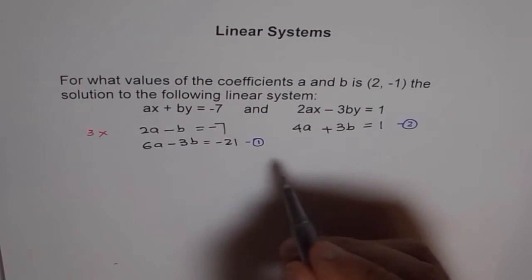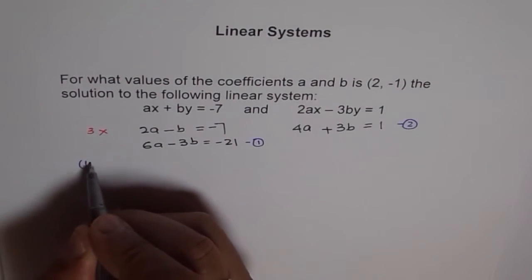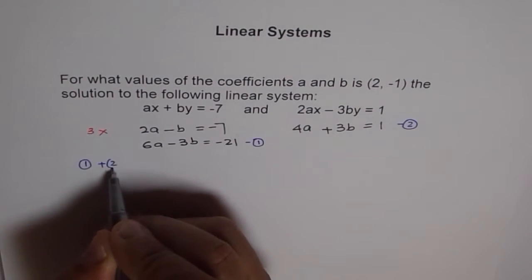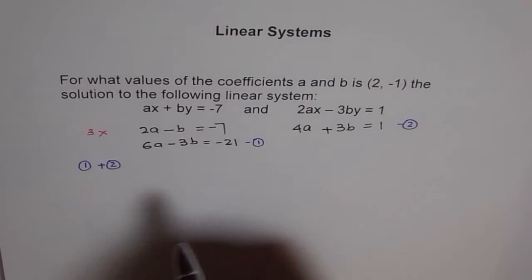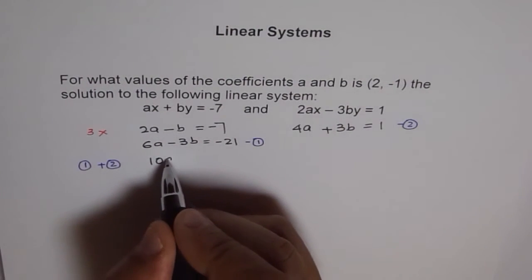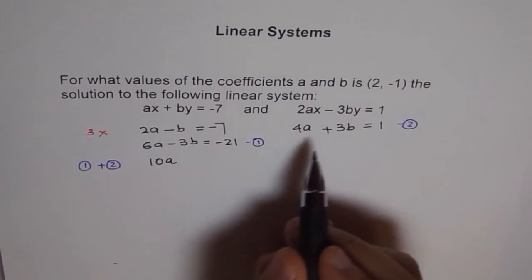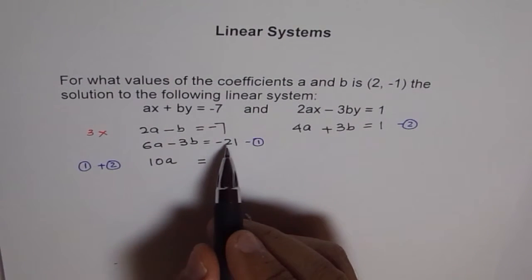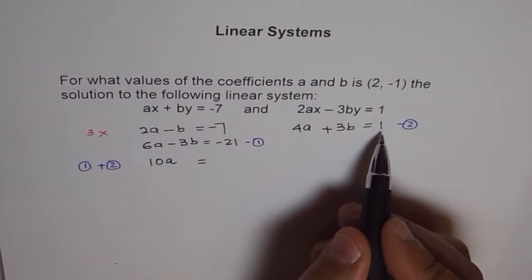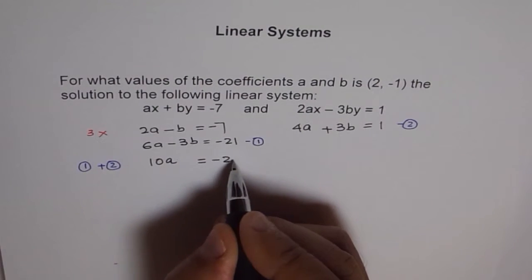If we add equation 1 plus equation 2, what do we get? 6a plus 4a gives me 10a, right? And -3b plus 3b is 0, so 10a equals -21 plus 1, which gives me -20, right?